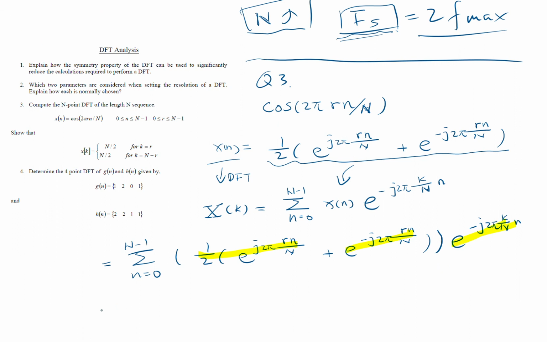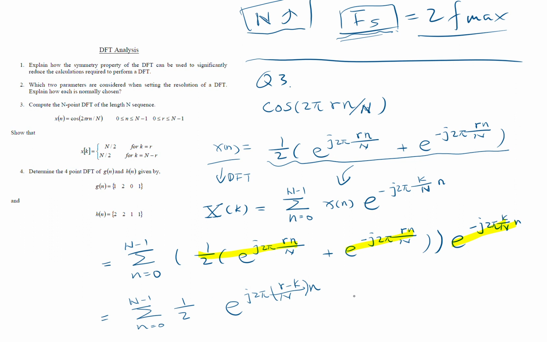So this equals the same sum from n equals 0 to N minus 1 of 1/2 e to the j 2 pi, with N in the denominator and r minus k on top, all multiplied by n.